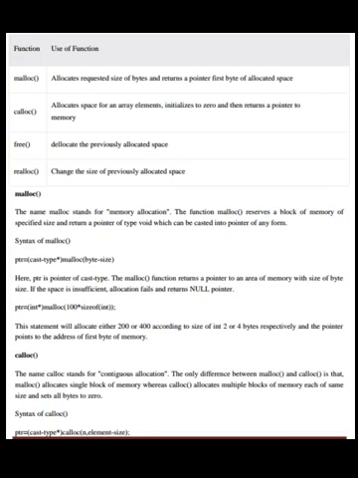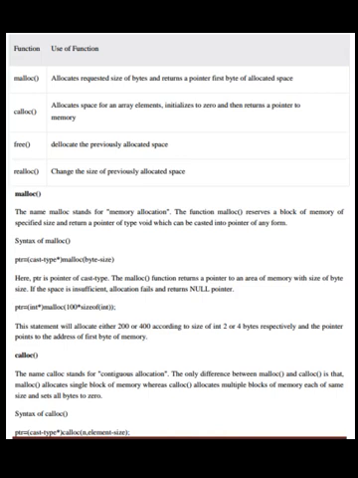The malloc function returns a pointer to an area of memory with size of byte size. If the space is insufficient, allocation fails and returns a null pointer. See the figure. This statement will allocate either 200 or 400 bytes according to the size of int, 2 or 4 bytes respectively, and the pointer points to the address of the first byte of memory.